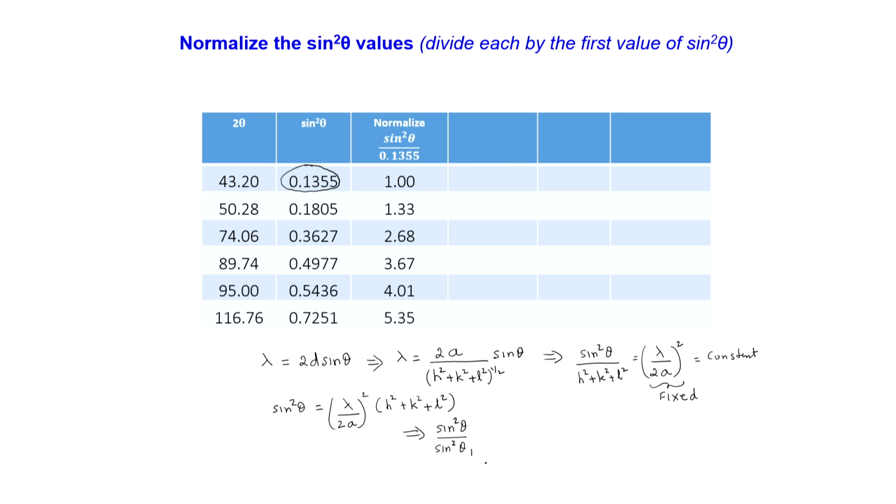You can imagine that this value is 2 theta 1, the first peak, and on the right hand side I can write h square plus k square plus L square divided by h1 square plus k1 square plus L1 square, where h1, k1, L1 are the indices of the first peak.